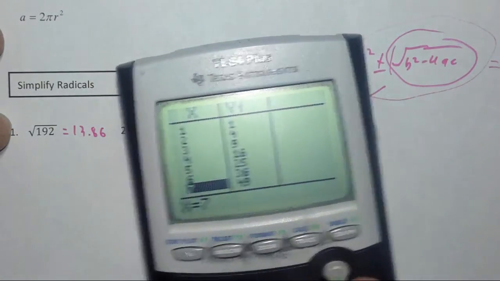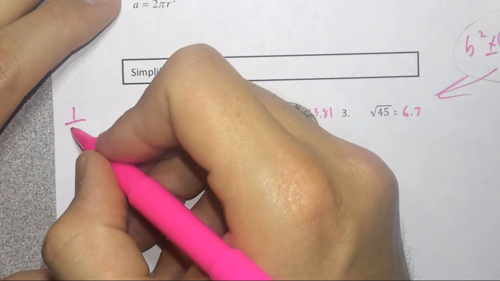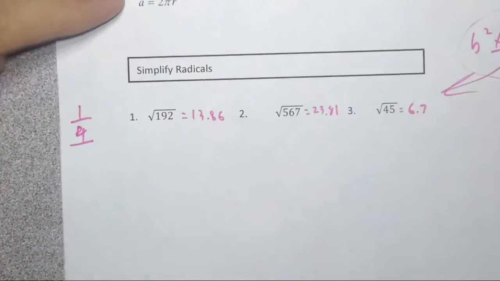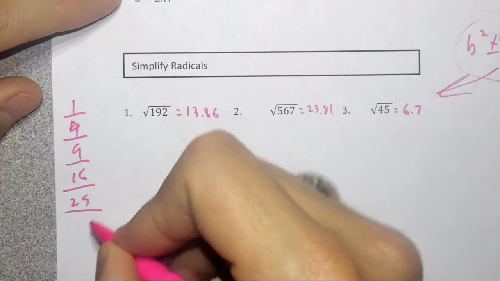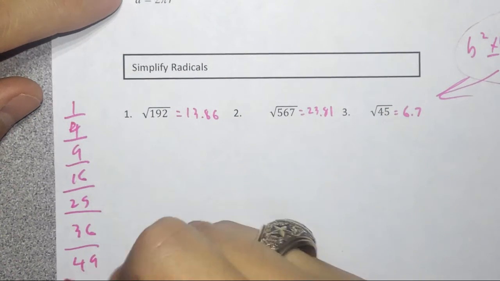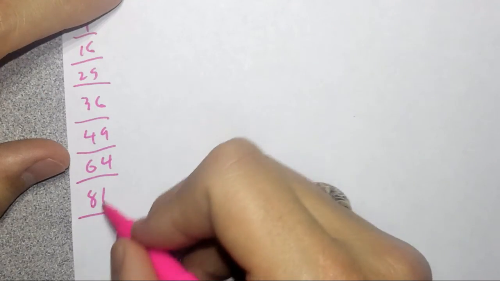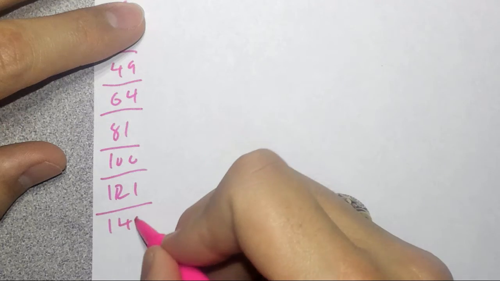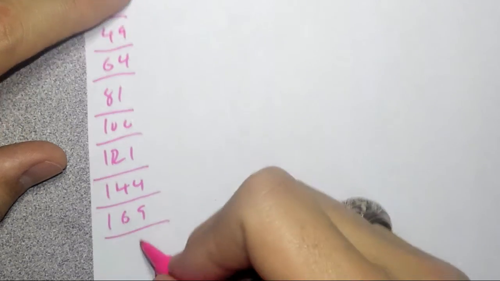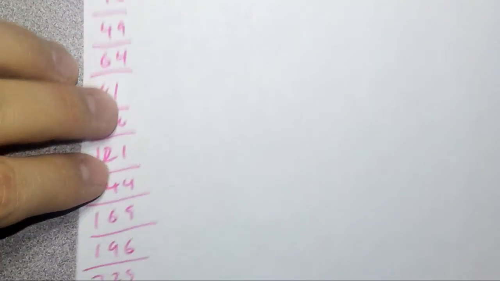On the side over here, I'm just going to make a list of my perfect squares: 64, 81, 100, 121, 144, 169, 196, 225. I don't think we have to go past 15 squared on this one.